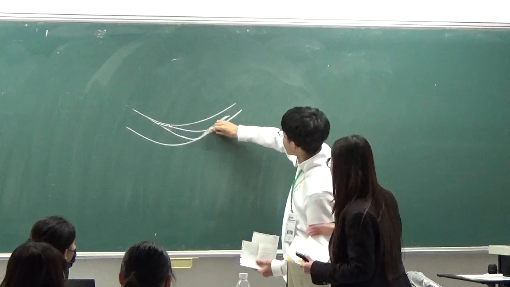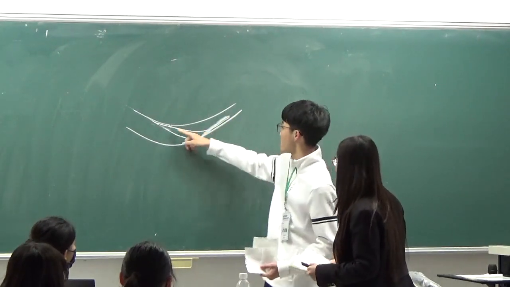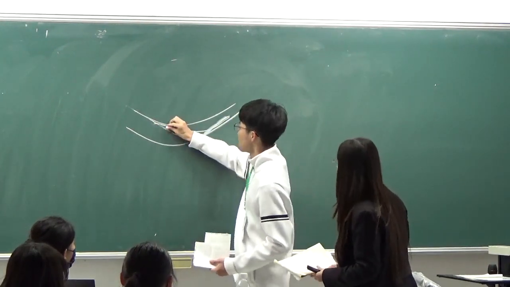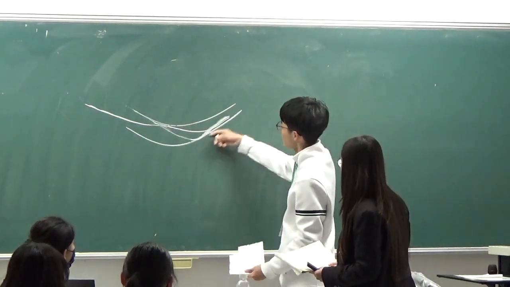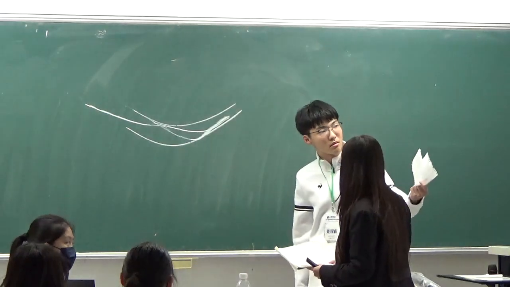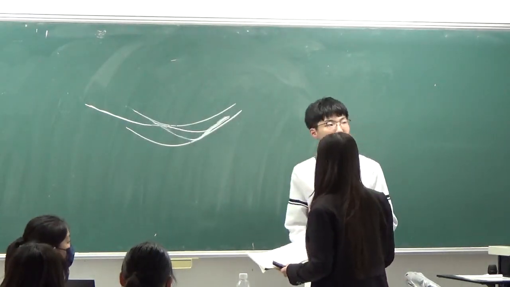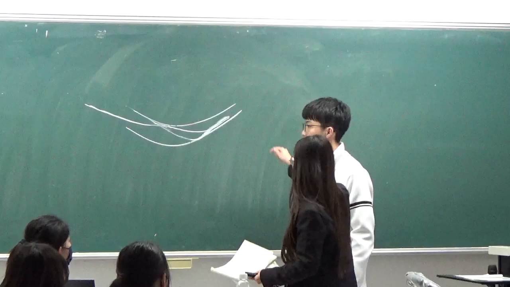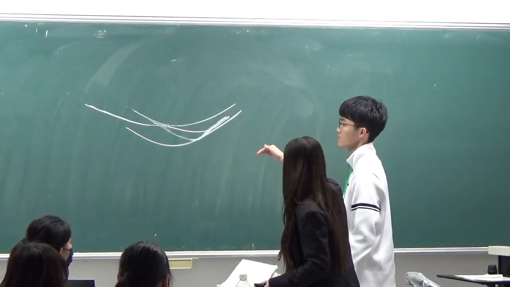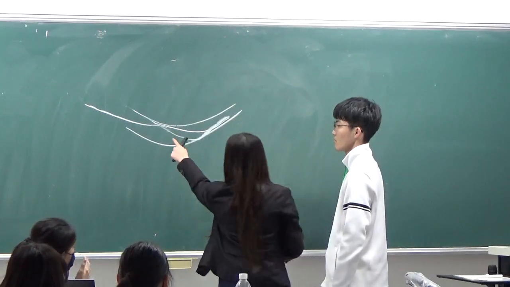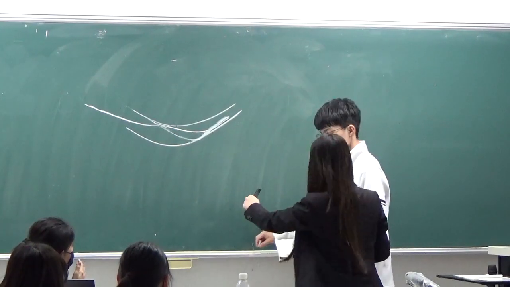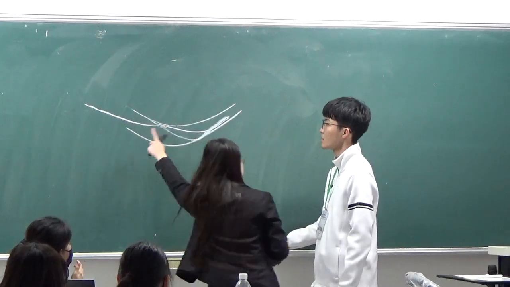So it should contact both sides of the tube, and you push the spaghetti right here by hand, right? Yes. And the spaghetti will touch the tube, so it won't get like this.